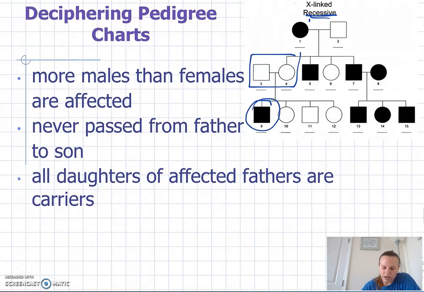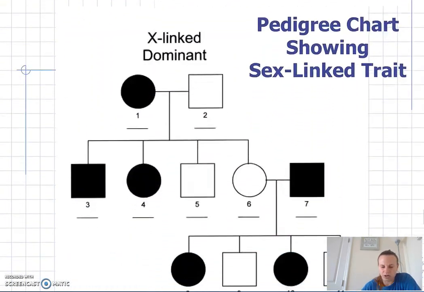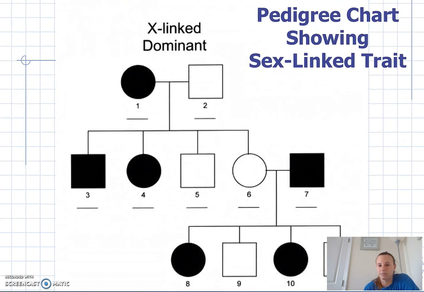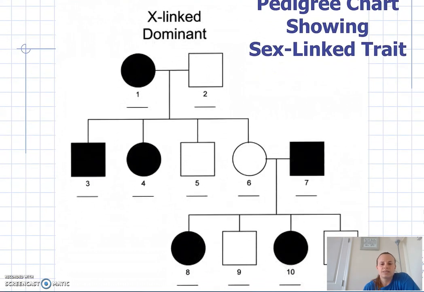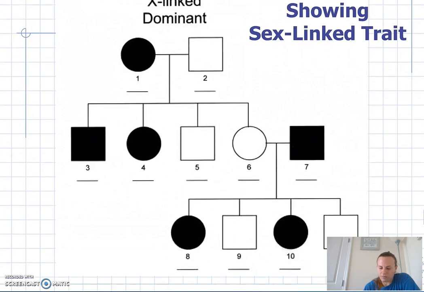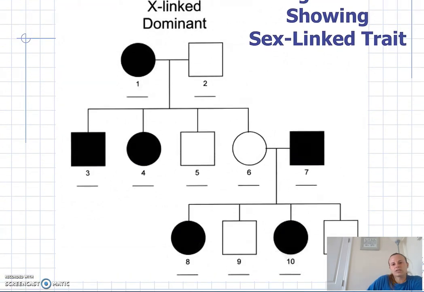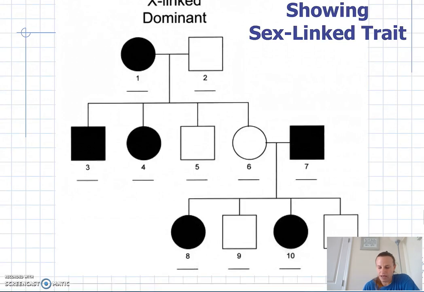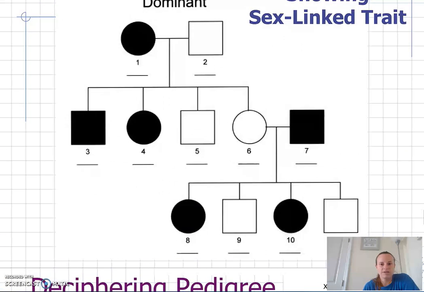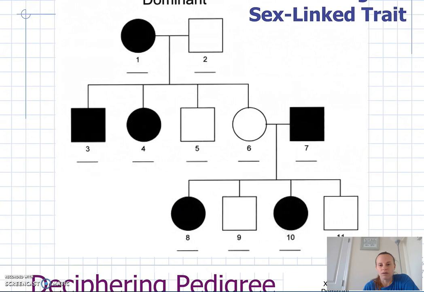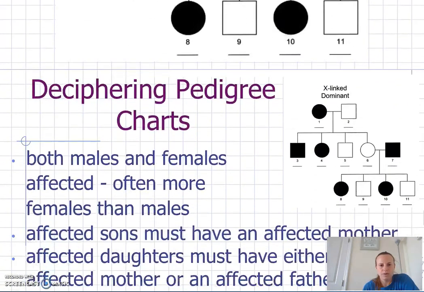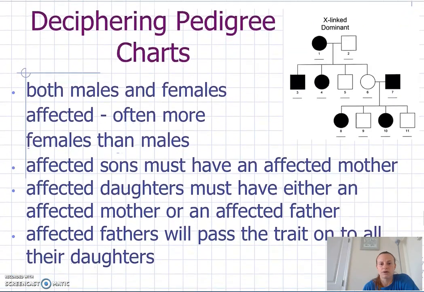So now moving on, how would I decipher a pedigree chart showing an X-linked dominant trait? Well, we know that dominant traits are present in every single generation. We know that just because one of the parents has it doesn't necessarily mean that all of the offspring are going to have it. But now, how do we know whether it's sex-linked or autosomal?